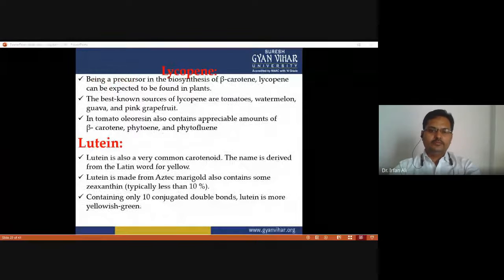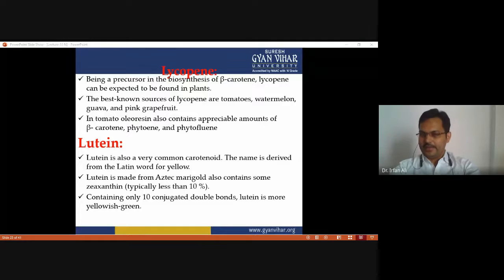Another example of carotenoids is lycopene. Lycopene is a precursor in the biosynthesis of beta carotene, so it can be expected to be found in plants. The best known sources of lycopene are tomato, watermelon, guava, and pink grapefruit.